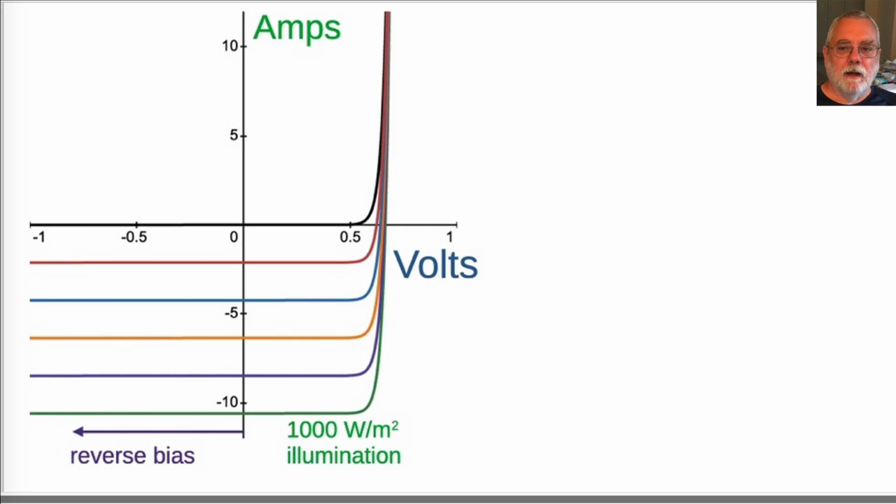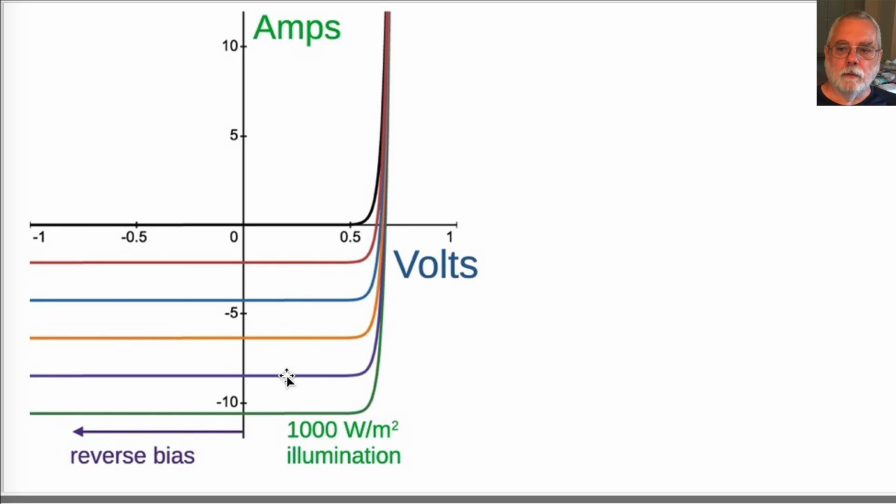The solar cell is now a current source, not a passive element as the diode had been. Here is a family of IV curves for a single ideal solar cell under different solar illuminations. The horizontal axis is volts, the vertical axis is current in amperes. The black curve is for no illumination, the ordinary diode curve. The green curve is for 1,000 watts per square meter face-on solar illumination.